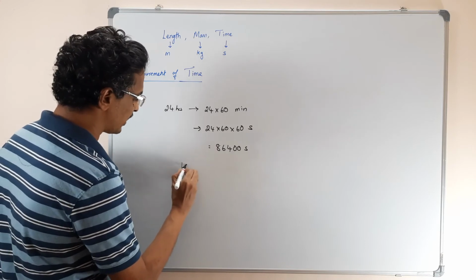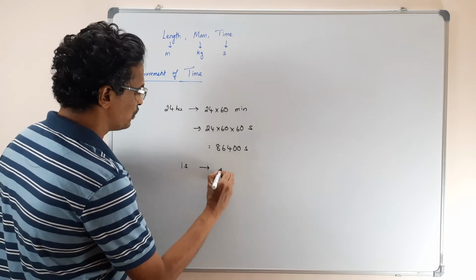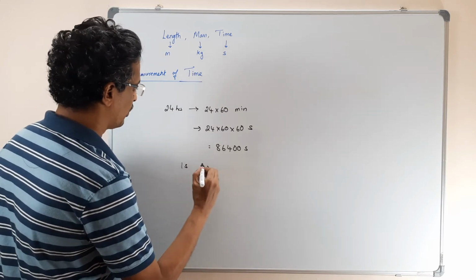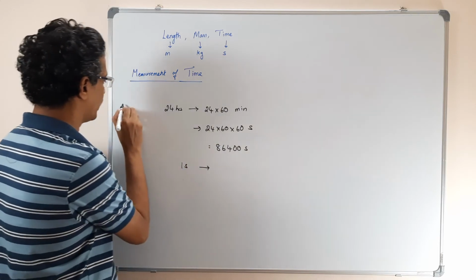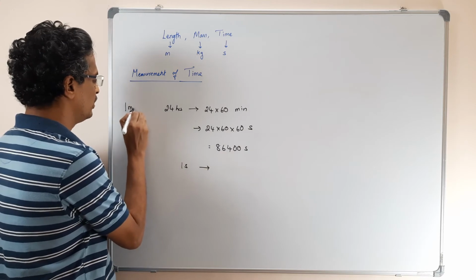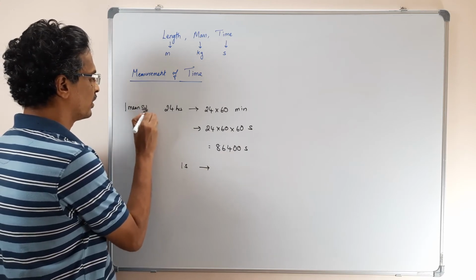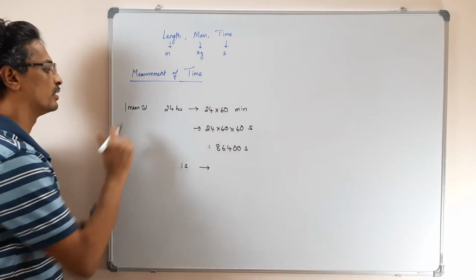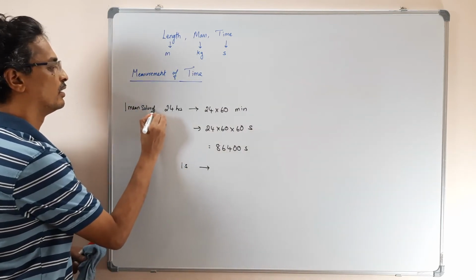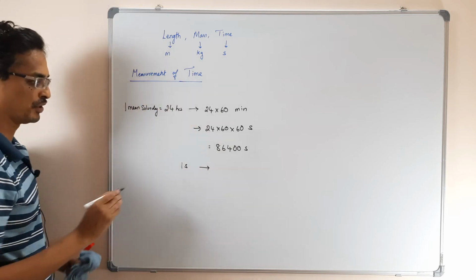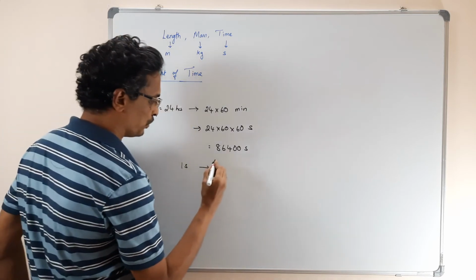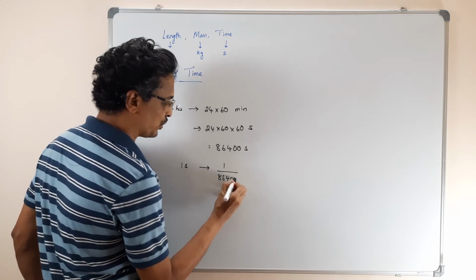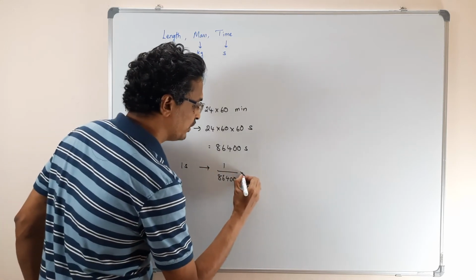Therefore, 1 second is equal to, tell me, 24 hours is one mean solar day, am I right? So 1 second is equal to 1 by 86400 of the mean solar day.